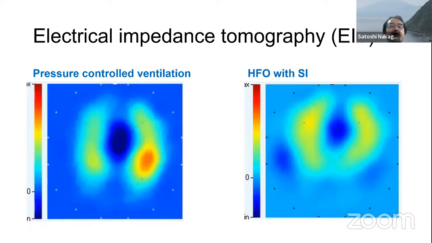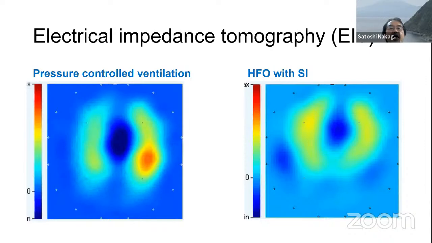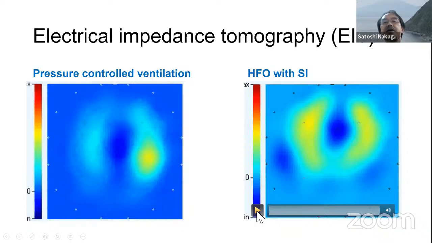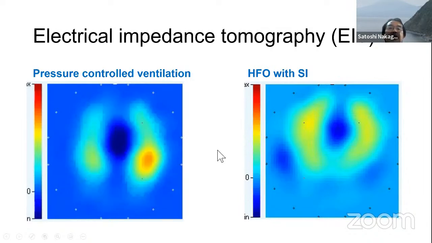You can see the tidal breath, and with each breath, you can see the orange or red zone. This is the hyperinflated zone. On the same patient, on another day, we tried high frequency oscillation, and you can see almost no color change.